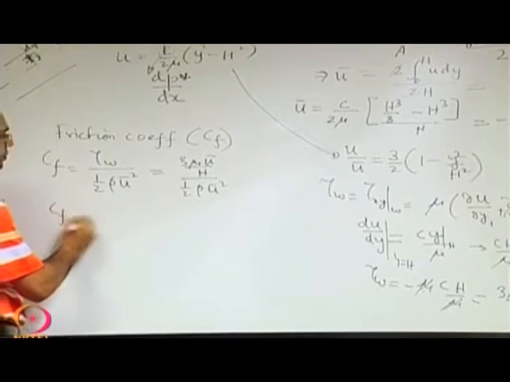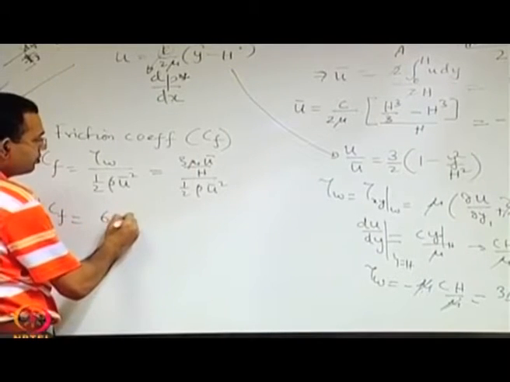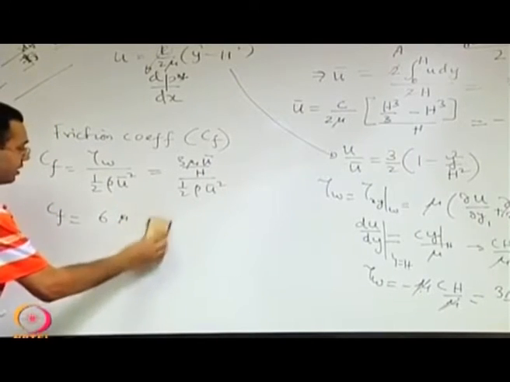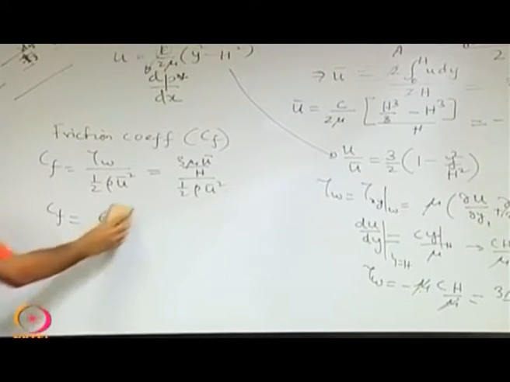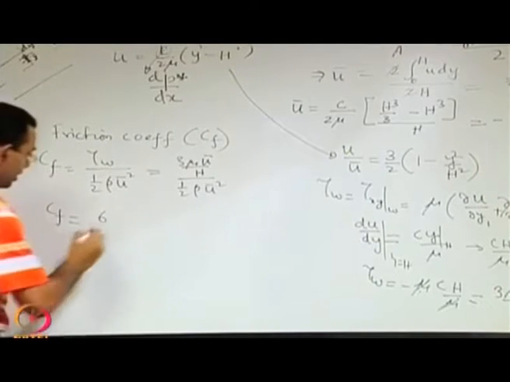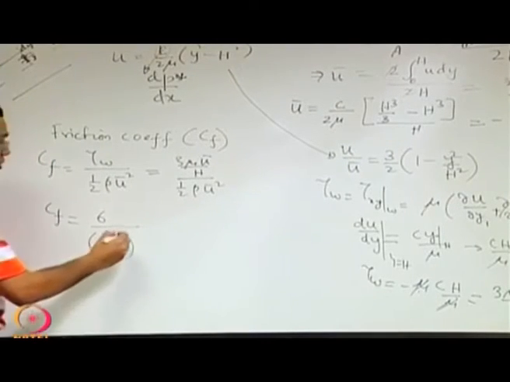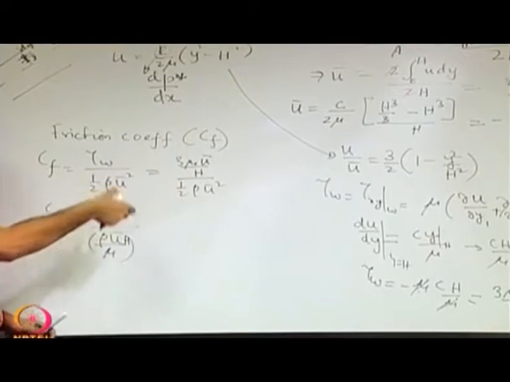So, Cf is 6 divided by rho U average H by mu. And if you want to write it in terms of the width of the channel, this is 2H.